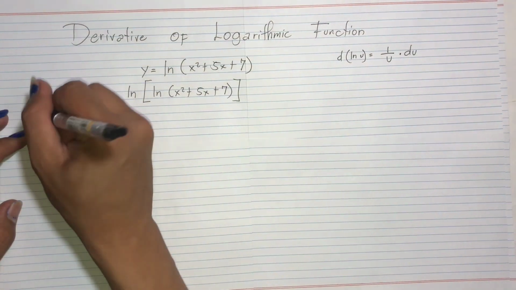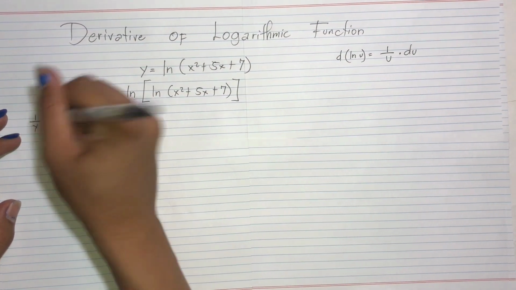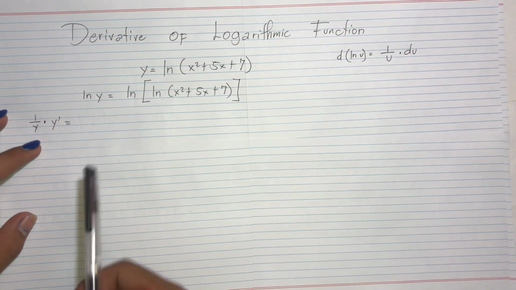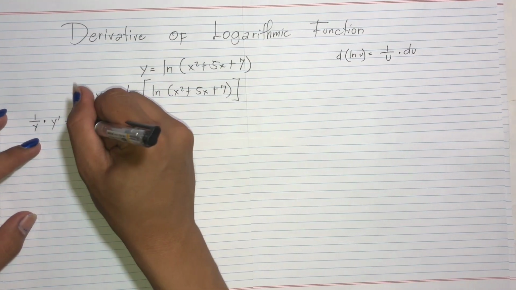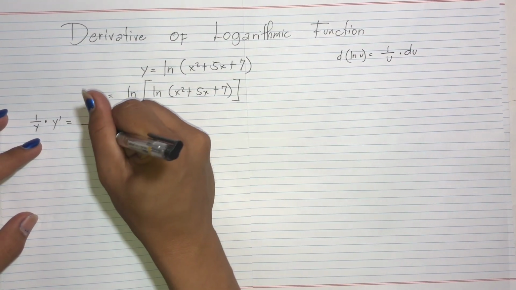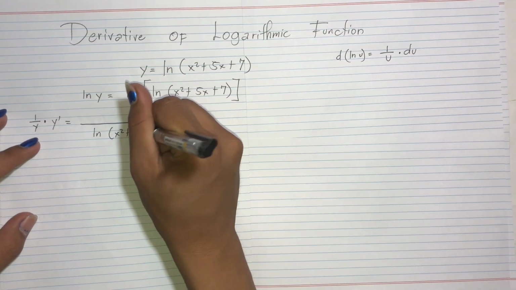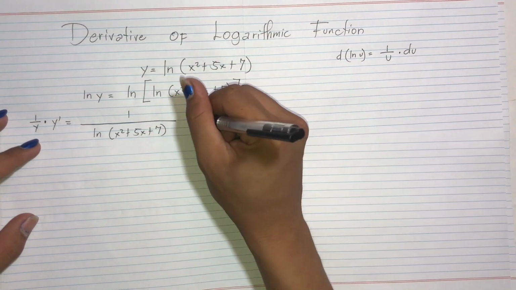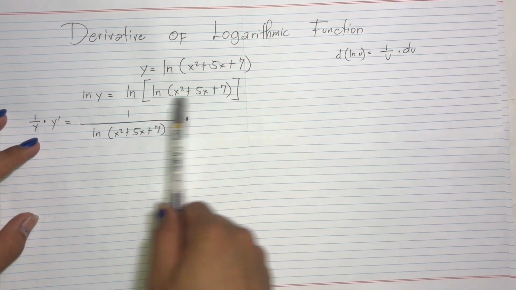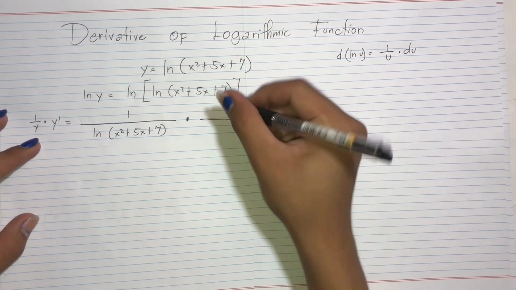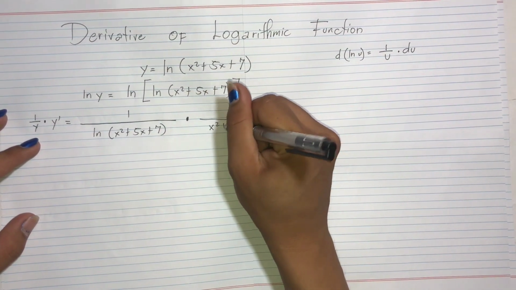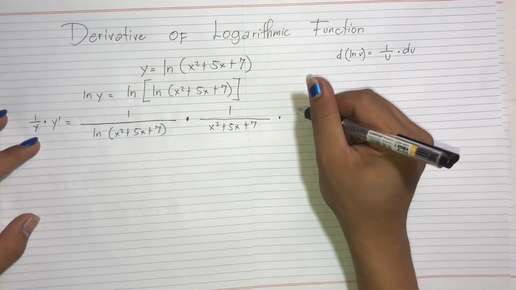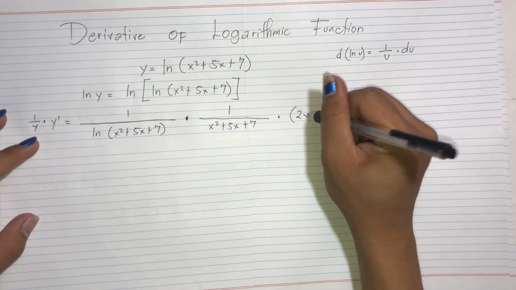Simplifying, it is 1 over y times the derivative of y, that is y prime with respect to x, is equal to 1 over ln of x squared plus 5x plus 7 times the derivative of u, that is 1 over x squared plus 5x plus 7. The derivative of that is 2x plus 5.